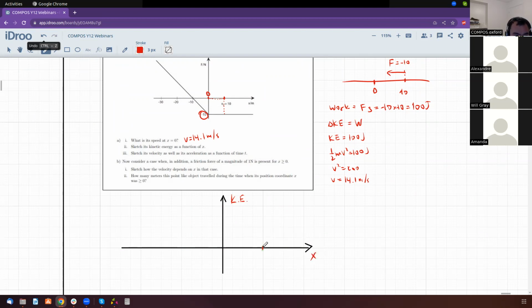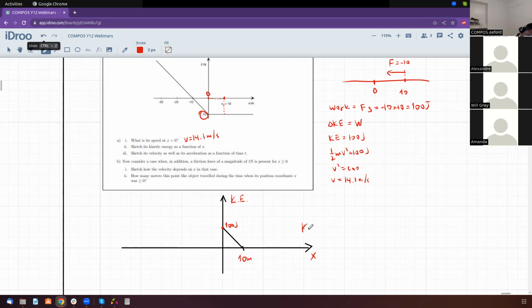Starting from 10, it's going to increase to 100 joules, like this. It increases uniformly, because this is a constant force.